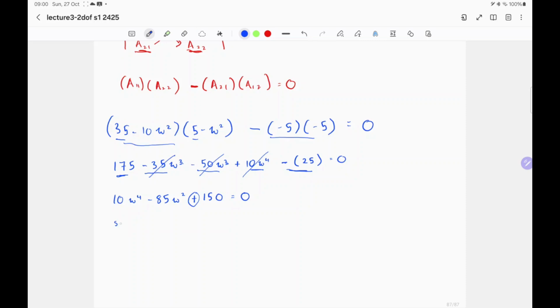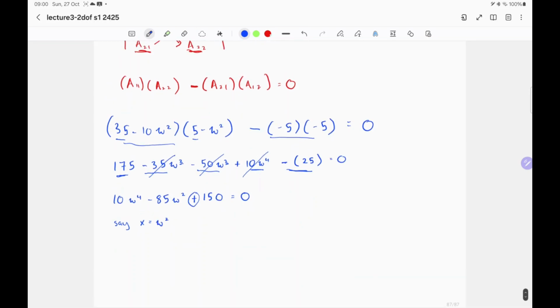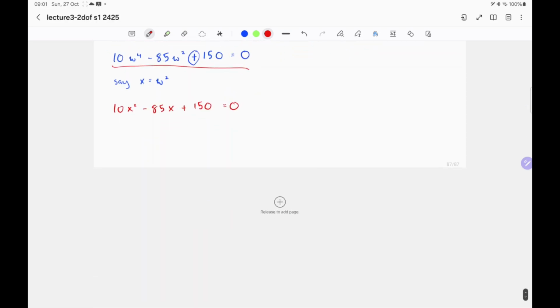Let's say x equals omega squared. So this equation will become 10x to the power of 2 minus 85x plus 150 equals to 0.